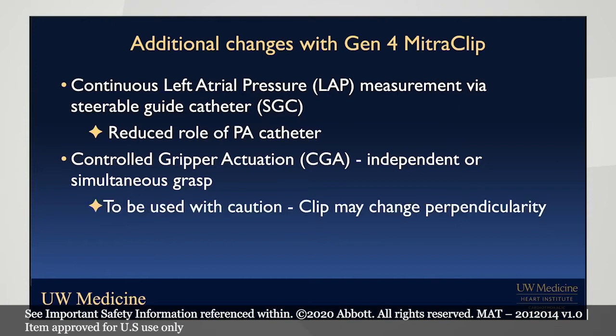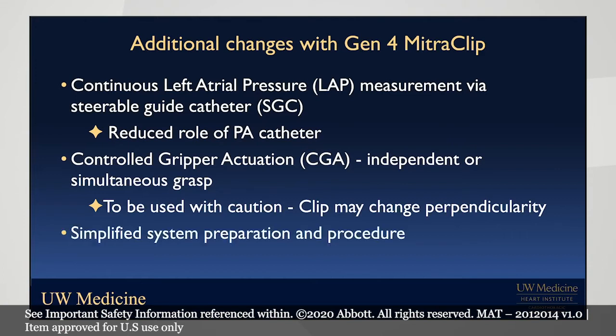However, based on our experience, we suggest to use it with caution. The clip may actually change its orientation and therefore the perpendicularity once you have one leaflet in the clip with the grasp. And then the other aspect is that you certainly can put a lot of tension on these leaflets as you grab one leaflet and then try to go posterior or anterior, depending where you started.